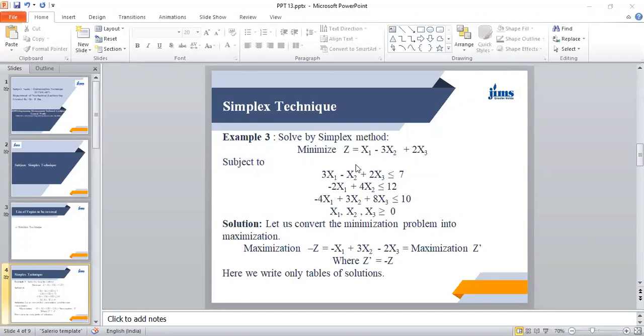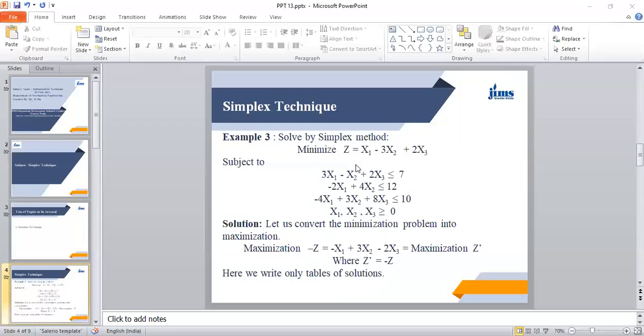So in this example, 3x1 minus x2 plus 2x3 is less than equal to 7. So 7 is positive. Similarly, 12 and 10 are all positive quantities. So one condition is met. The second condition is that all the variables must have positive values. That is here x1, x2, x3, all these three variables are greater than equal to 0.